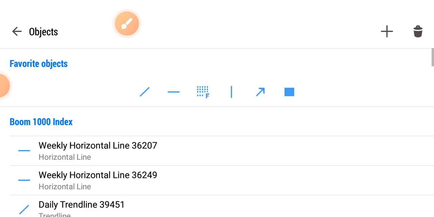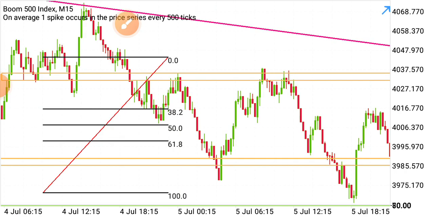As you can see, the Fibonacci tool has these levels. There are more levels than what you see here. For me, I have 0.0, 38.2, 50.0, 61.8, and 100.0. These are the ones I left. If you have not used it before, it will be on the default and it will contain more levels.